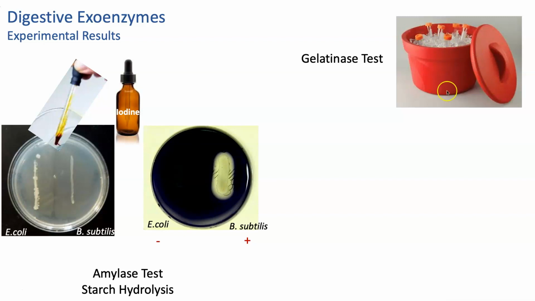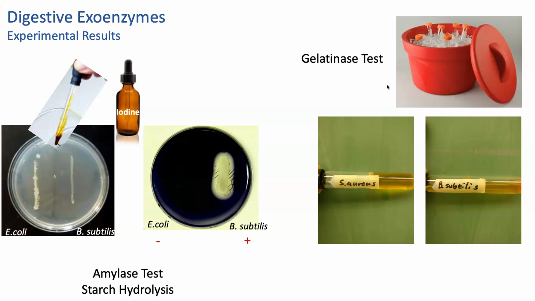In today's experiment, the controls that I use are Staphylococcus aureus and Bacillus subtilis. Here on the left, what you notice is that Staphylococcus aureus, after 20 minutes on an ice bath, my gelatin solidifies.